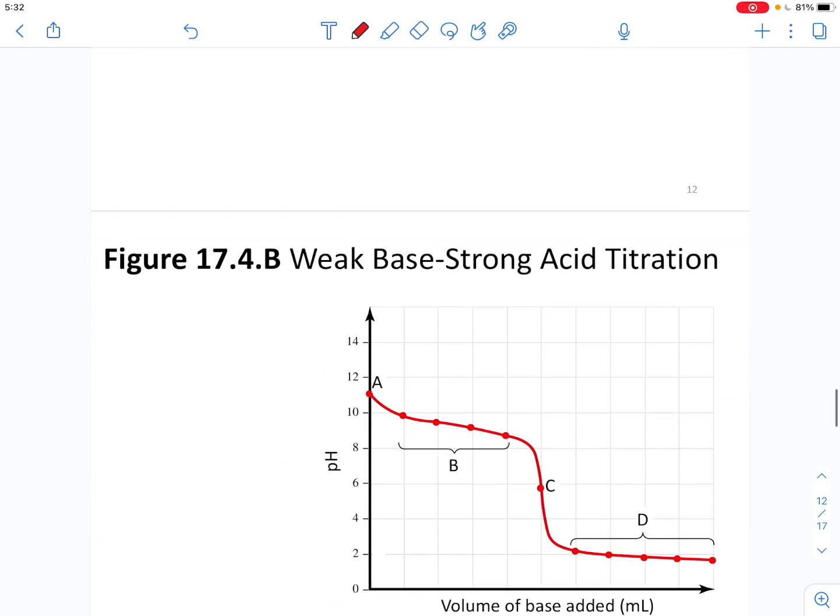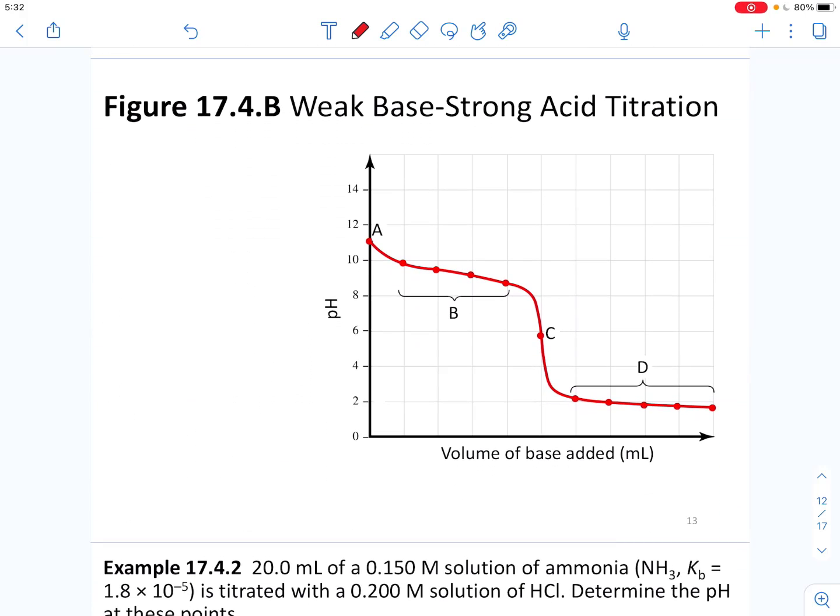Okay, so this is how the curve looks. Pretty much the same as with acids. You have a small jump when you start.